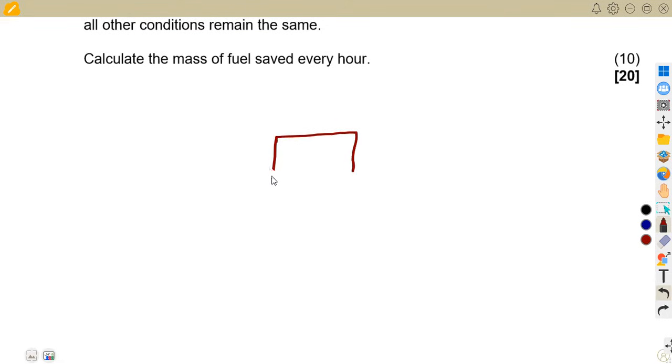We are not considering the economizer. So we have our evaporator, which we are just going to consider as a boiler.